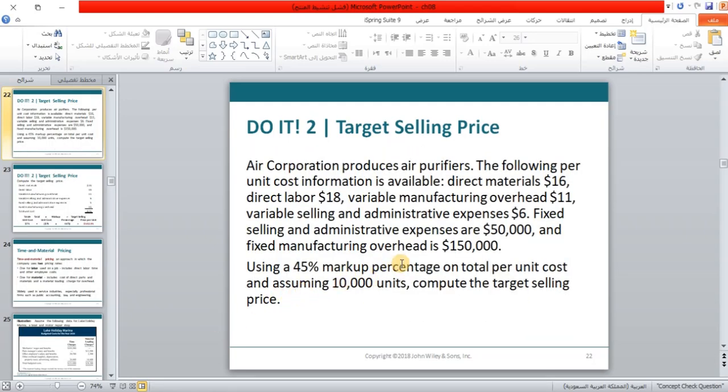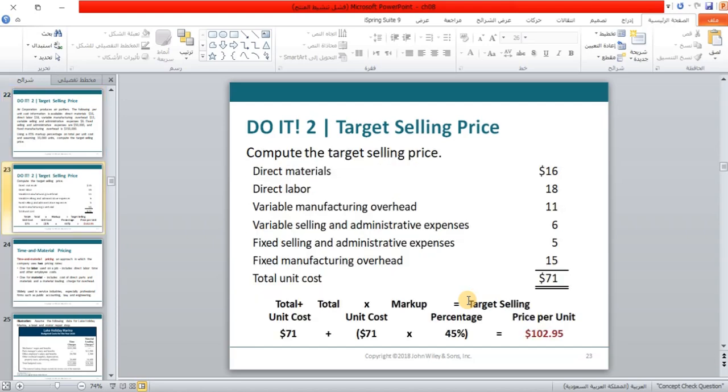Using a 45% markup percentage on total per unit cost and assuming 10,000 units, compute the target selling price.